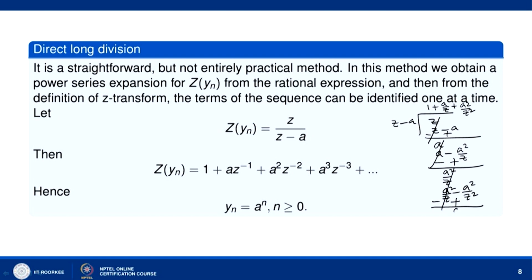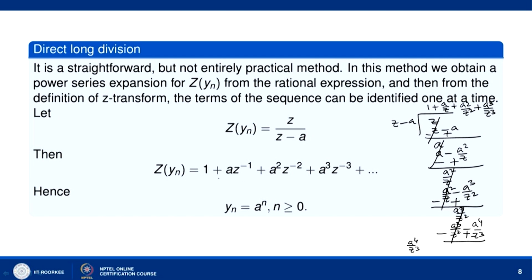This cancels and we get now a cube by z square, and to cancel a cube by z square, now we multiply by a cube by z cube, then this will be a cube by z square minus a 4 by z cube, and we get a 4 by z cube and so on.